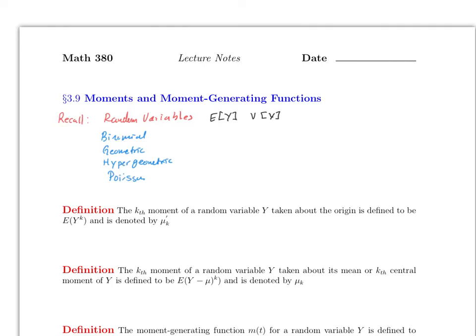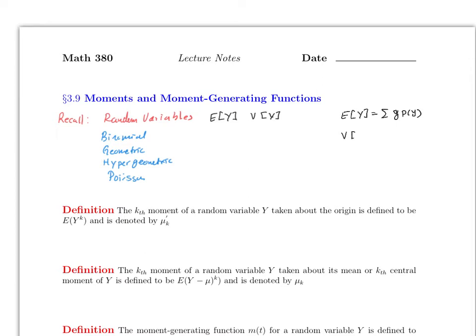And remember the definition of expected value was equal to the sum of x times p of x, or sorry, it should be y times p of y.